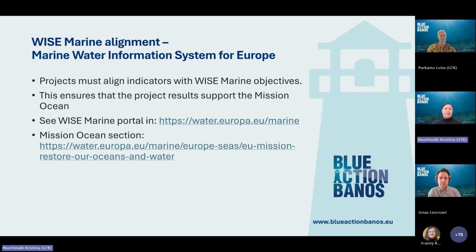This ensures that the project results support the Mission Ocean, and we are all pulling in the same direction and not working against each other. And you can find the WISE Marine portal through the link provided here. And it has a specific Mission Ocean section where you can find more information, and we can quickly take a look at it here, and if we have time, also in the end of the presentation.